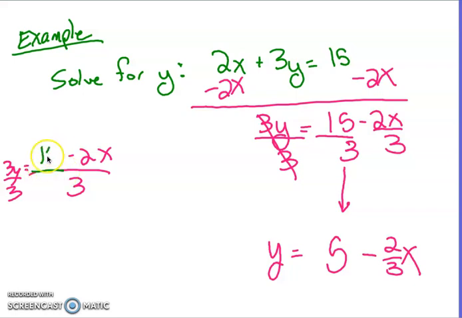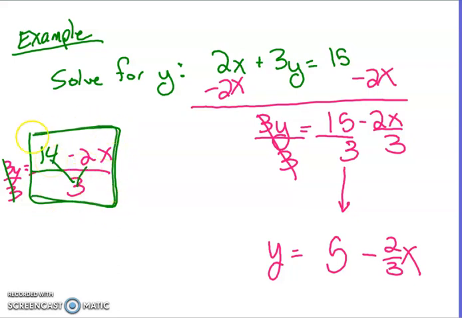Then you could write your answer like this, because 3 doesn't go into 14 and 3 doesn't go into 2, so you could just write your answer like that. But again, if something can be divided, then you divide them individually.